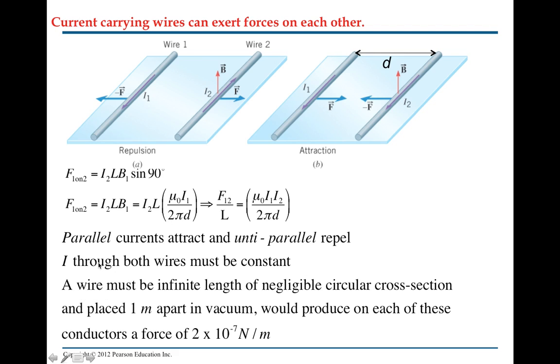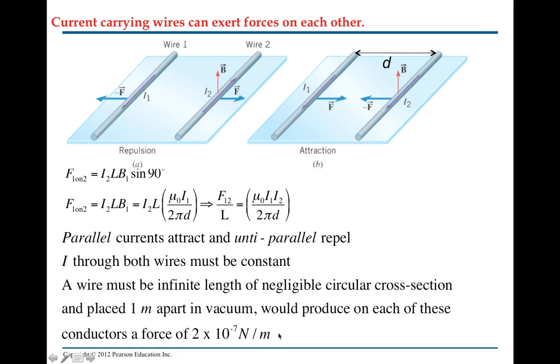And there are some conditions for this formula to be correct. First of all, the wires have to be parallel or anti-parallel, and I must be constant in the wires, and the wire has to be of infinite length. Actually, it doesn't have to be infinite in a sense, but the length has to be known for the wires, because you can't really have infinite wires.